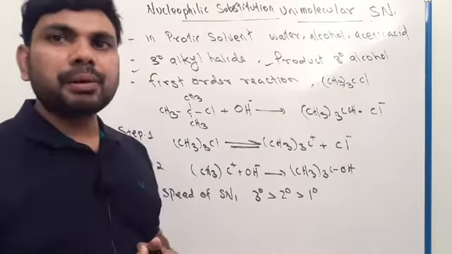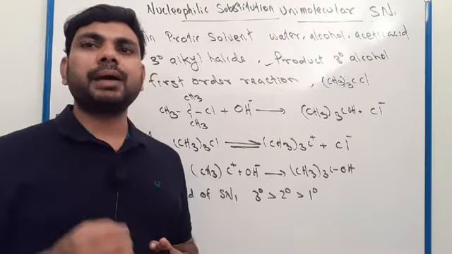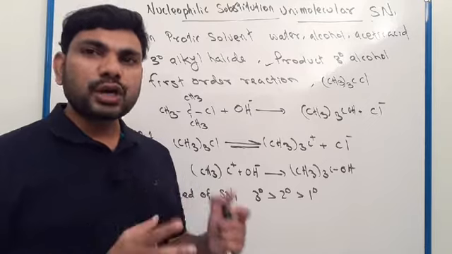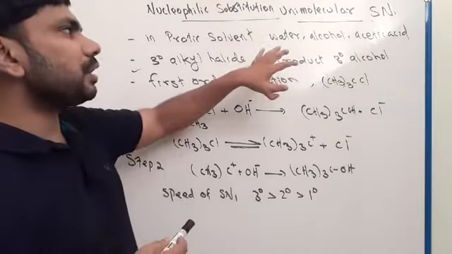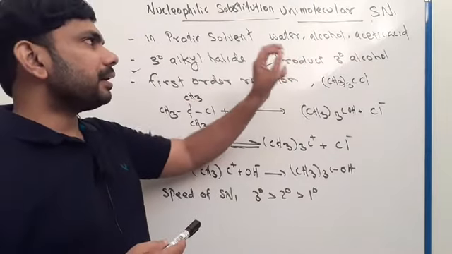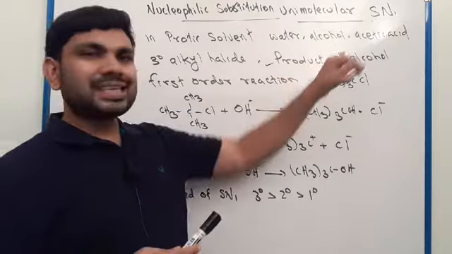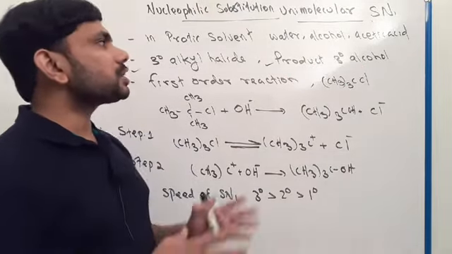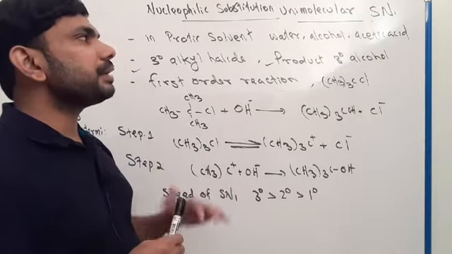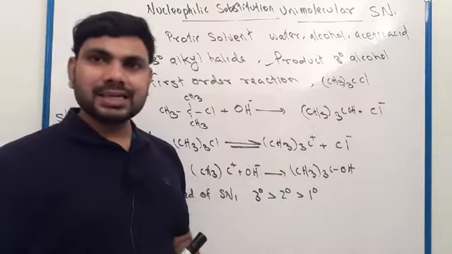Also you have to remember that the SN1 mechanism happens in the presence of a protic solvent. Protic solvent means solvents such as water, alcohol, acetic acid. So sodium hydroxide must be dissolved in water or alcohol or acetic acid.